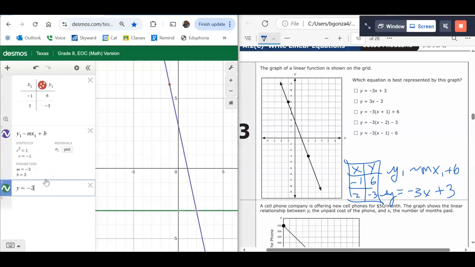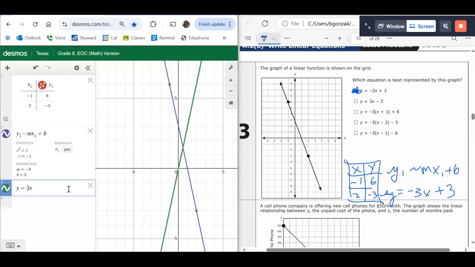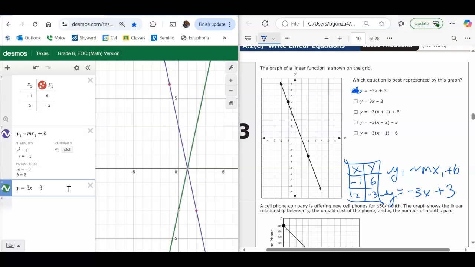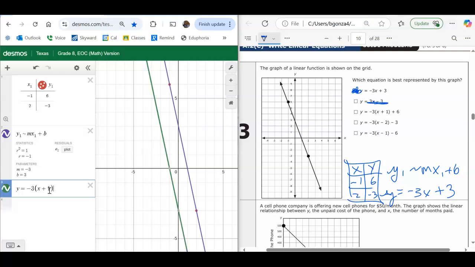So y equals negative 3x plus 3 is obviously one of my answers, but the question is, can the other ones work? Now, a positive 3x is not going to give you the same slope, okay? So we'll graph it, but you can see that ain't it. Okay, what about negative 3x plus 1 plus 6?